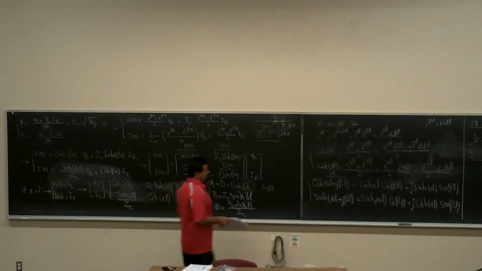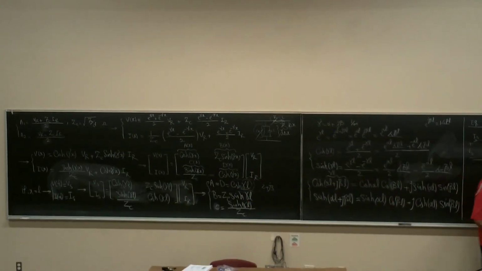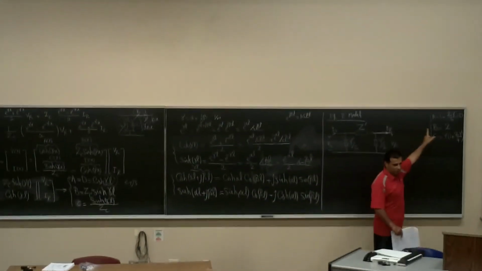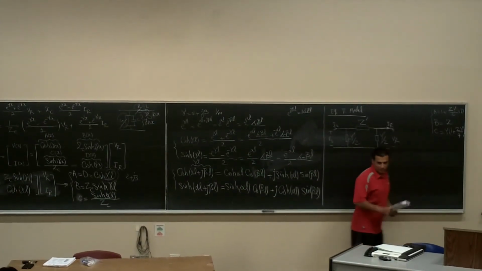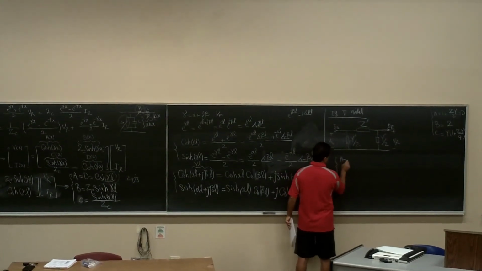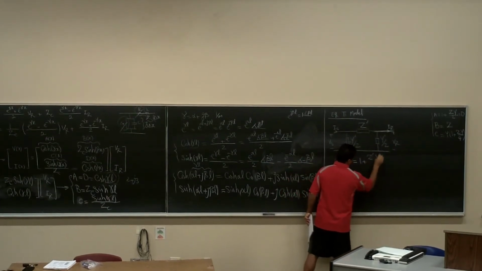Now, let's come back here. See, basically for this system, if we have a model like this, we know what the ABCD is, right? So basically we know A is going to be equal to D is going to be equal to 1 plus z prime y prime over 2, right?